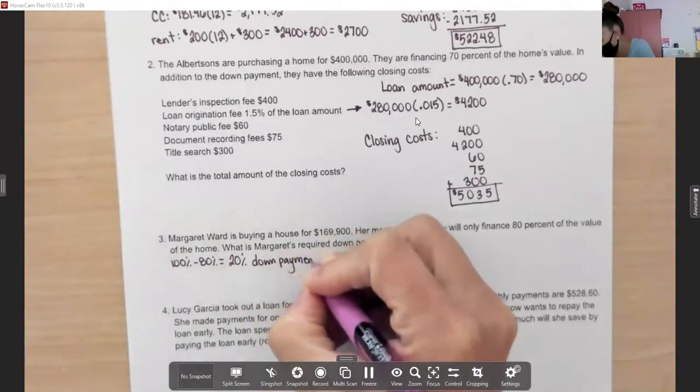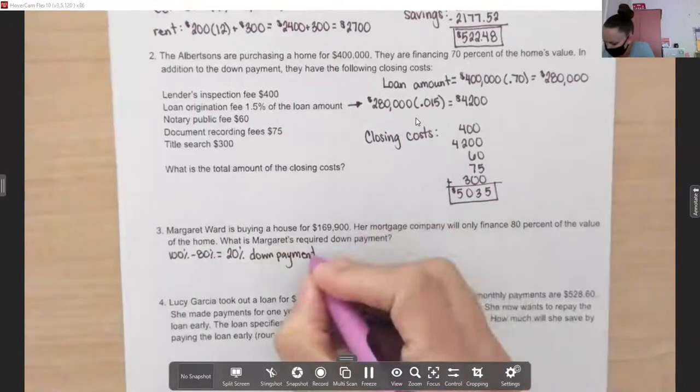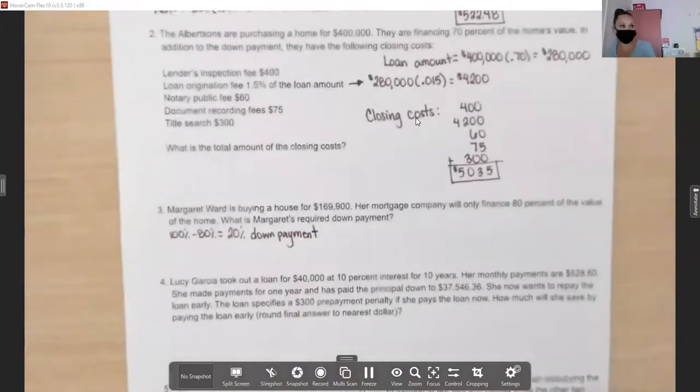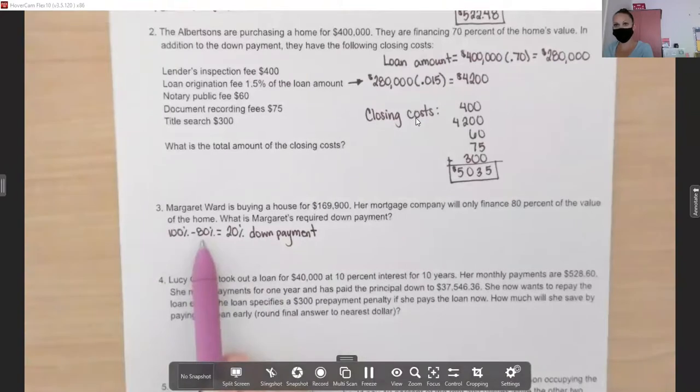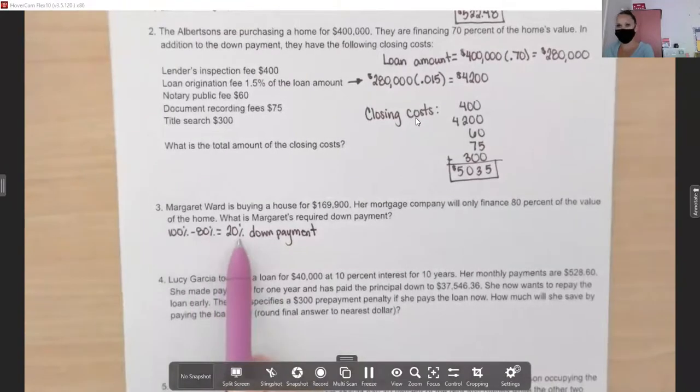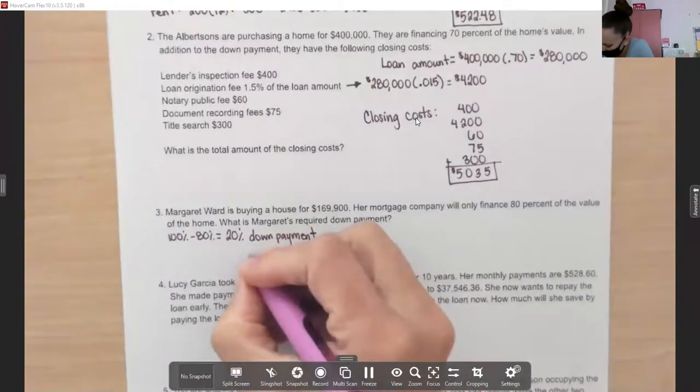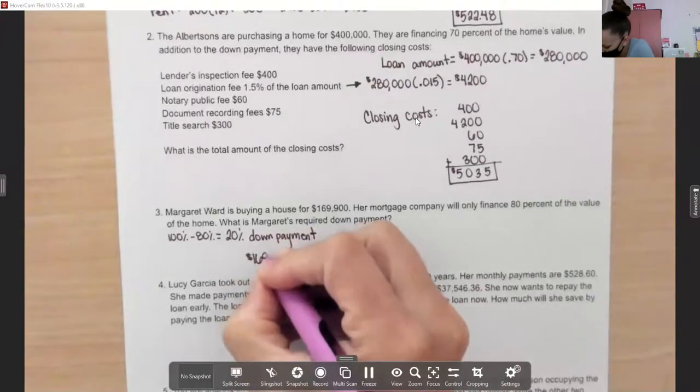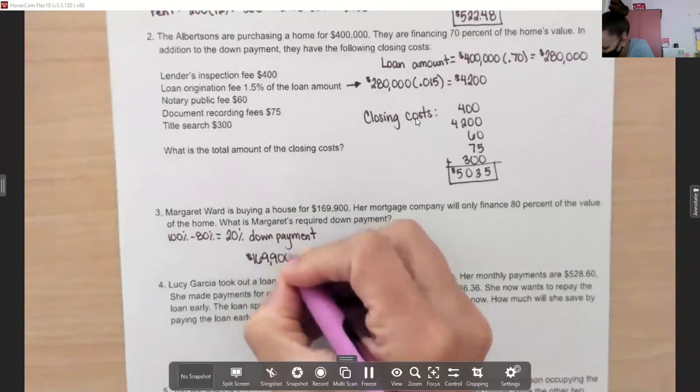If you don't need to write that down, that's fine. I just want people to understand where I'm getting 20% from. They're going to give her a loan for 80%, so then the remaining 20% is the down payment. So we need to figure out what is 20% of $169,900.